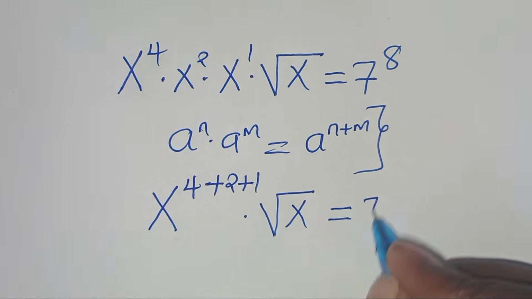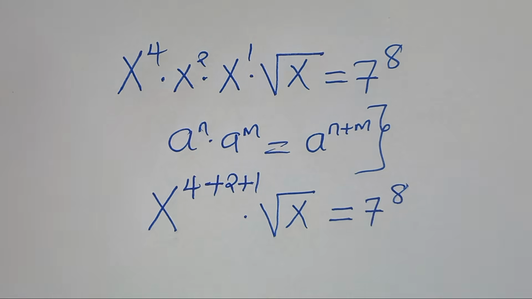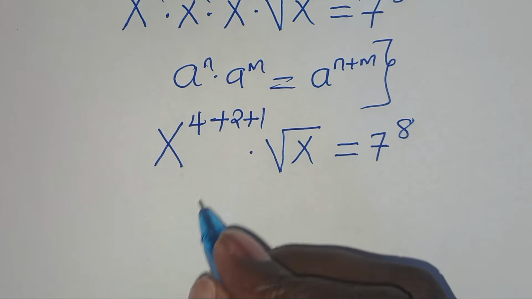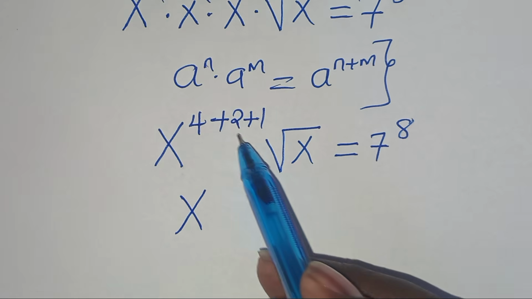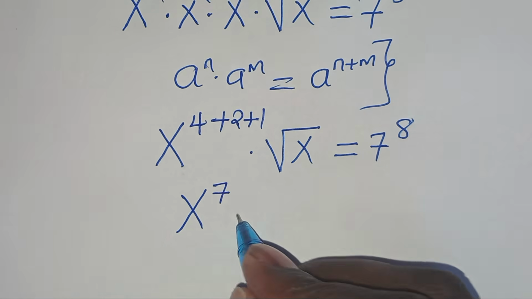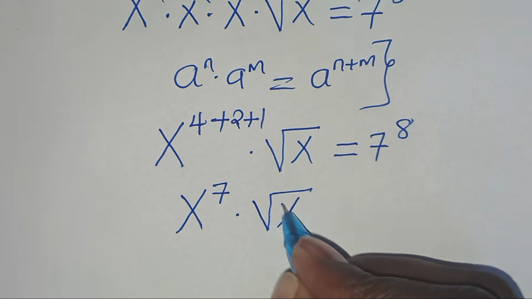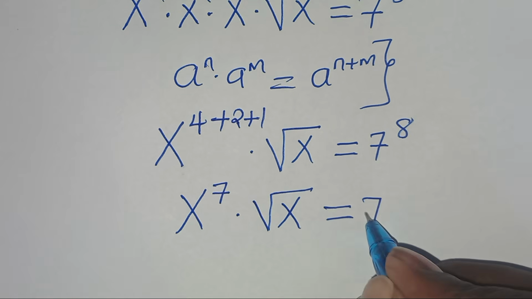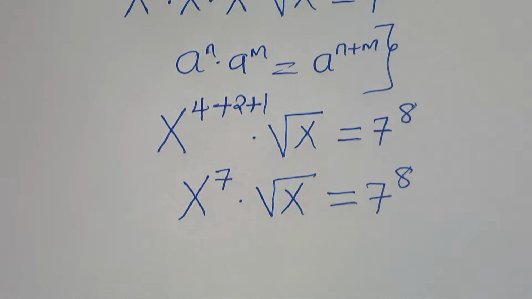This is equal to 7 raised to the power of 8. So this is x to the power of 4 plus 2, this is 6, plus 1, this is 7, multiplied by square root of x. This is equal to 7 raised to the power of 8.